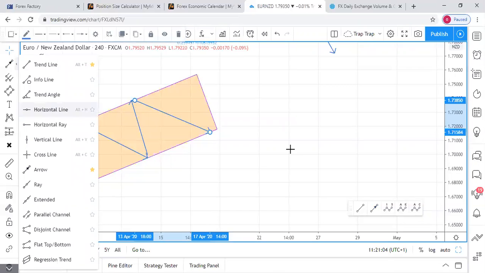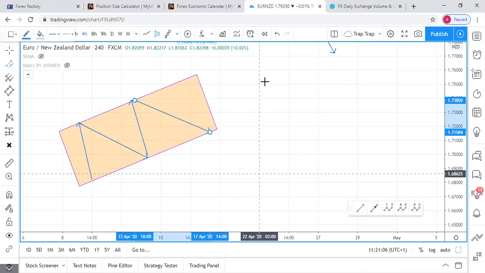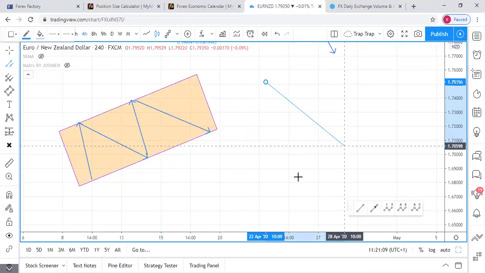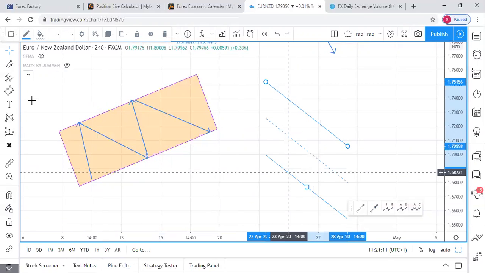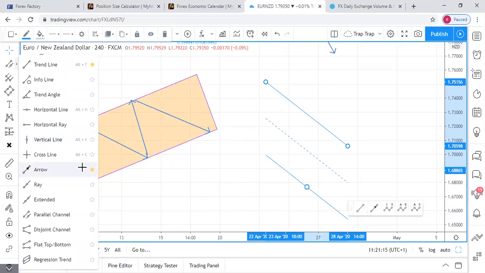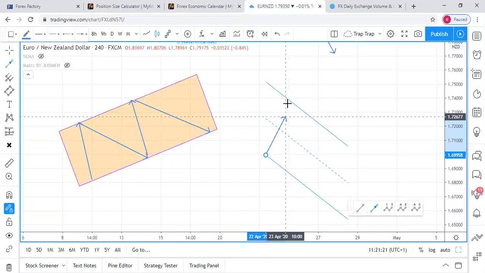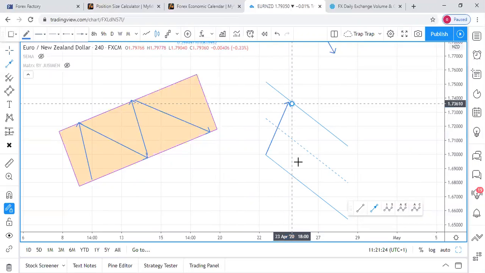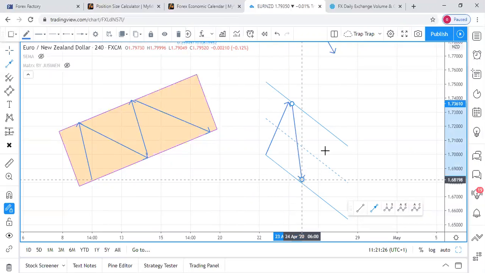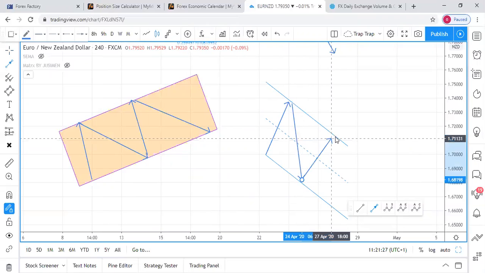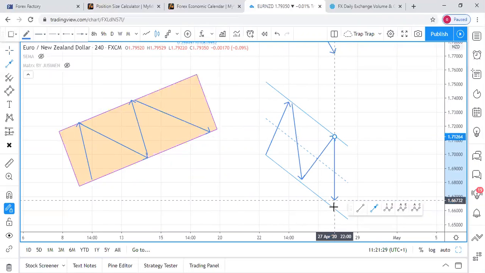So, for example, I can give you another one, right? So we could have a scenario like this, where price seems to be going up, down, up, down, right?